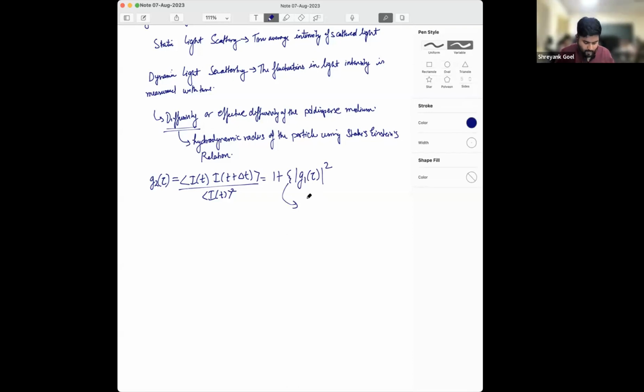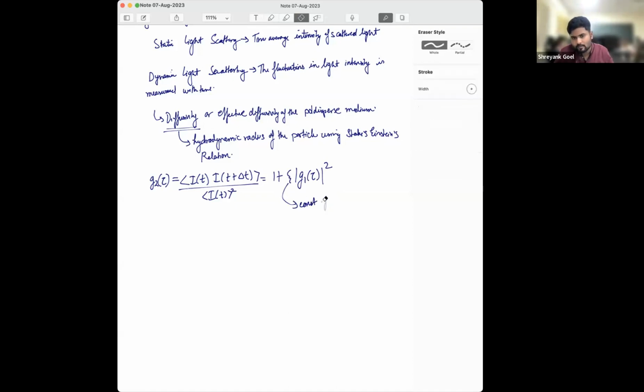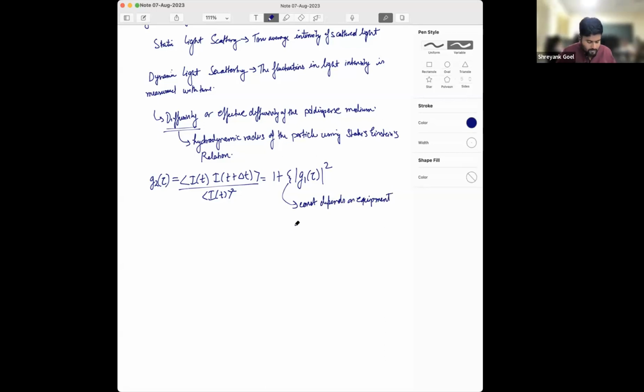And zeta is what we call the machine constant, which depends on the equipment. We know G1 of tau can be related to the diffusivity and time in experiments.